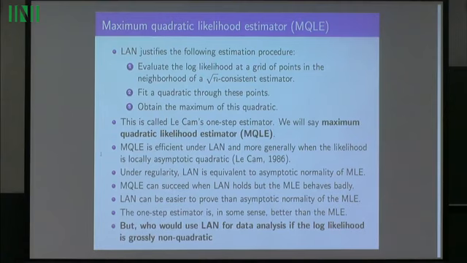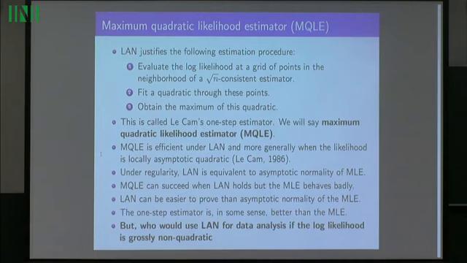MQLE is efficient under local asymptotic normality, and if everything's super regular, local asymptotic normality is essentially equivalent to asymptotic normality of the MLE, but local asymptotic normality is weaker, it's easier to show, and the MQLE can succeed when local asymptotic normality holds but the MLE behaves badly. Theoretically, people like local asymptotic normality because it can be easier to prove things about.